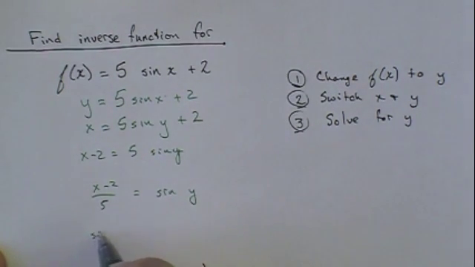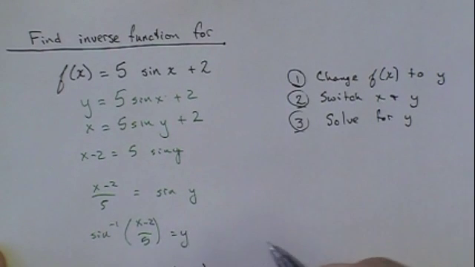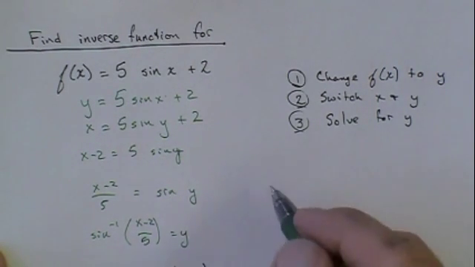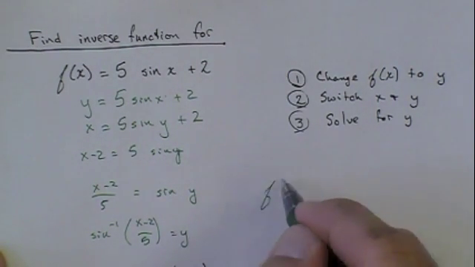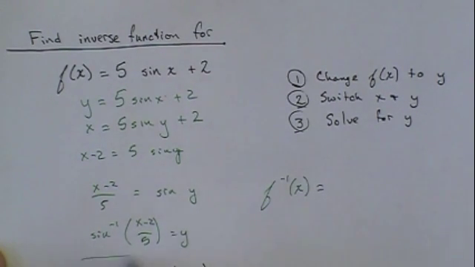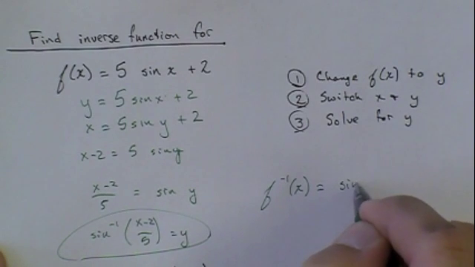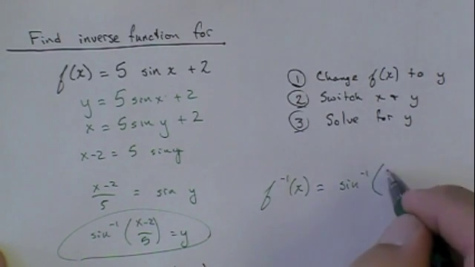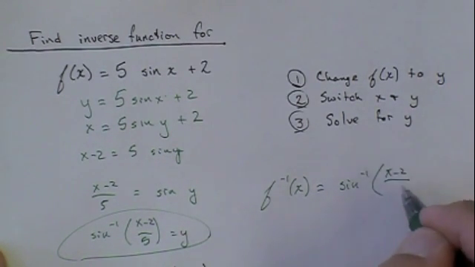So we would have the inverse sine of x minus 2 over 5 equals y. Now we rewrite that: the inverse is the inverse sine of x minus 2 over 5.